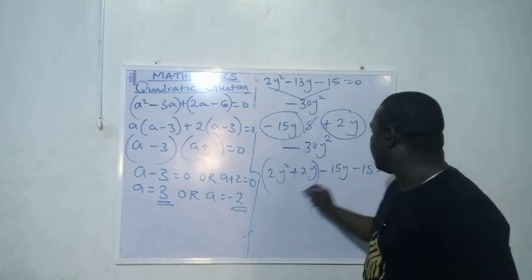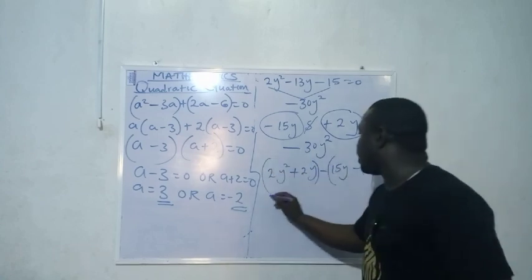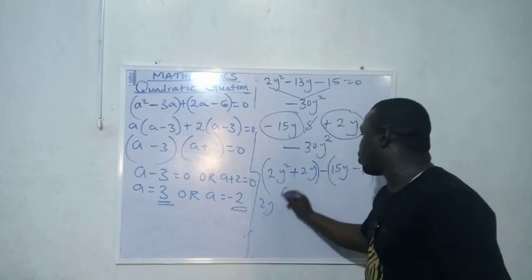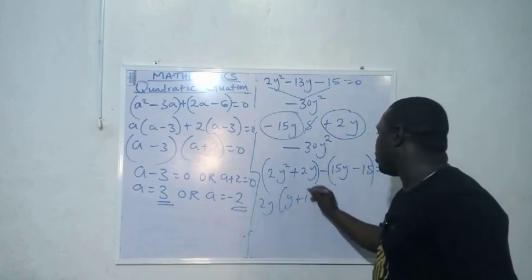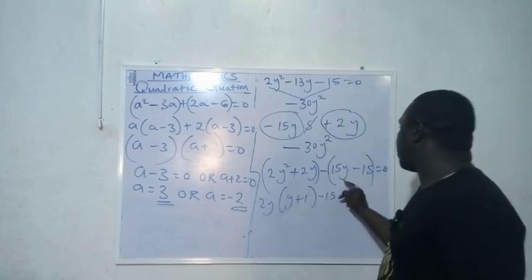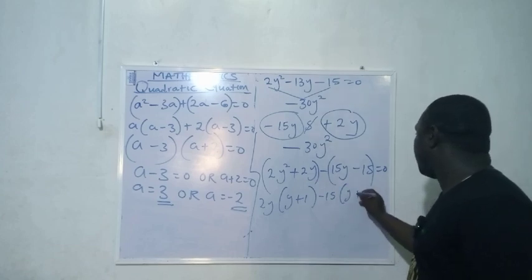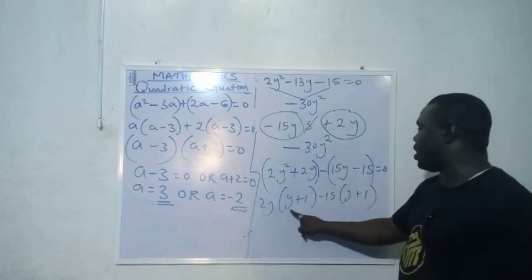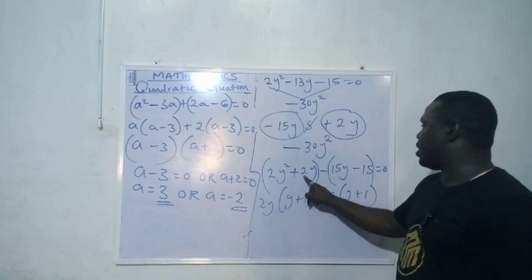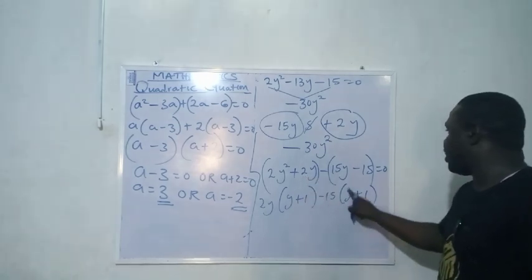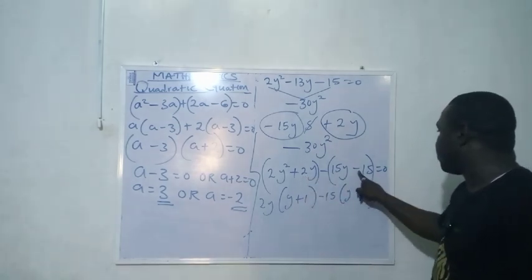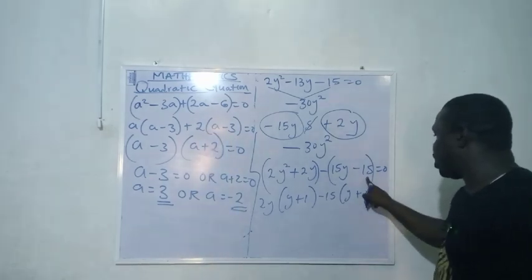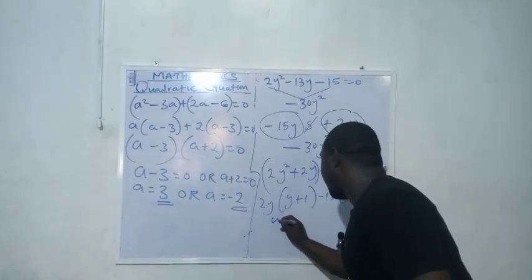So as usual, close the bracket 2 by 2. 2y is common here. You have this plus 1. 15 is common here. You also have this way. What I mean is this times this is this. This times this is this. This times this is this. Minus times plus is minus. 15 times 1 is 15. And so I have this.